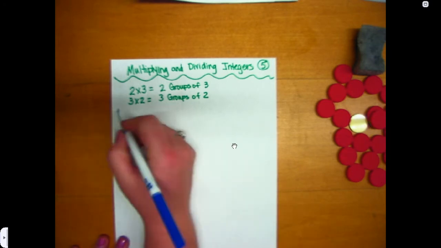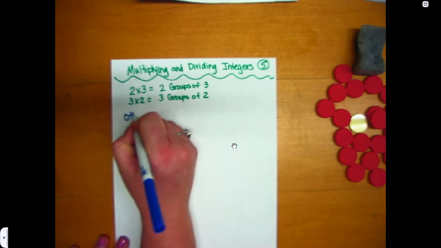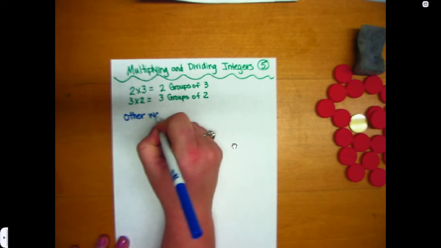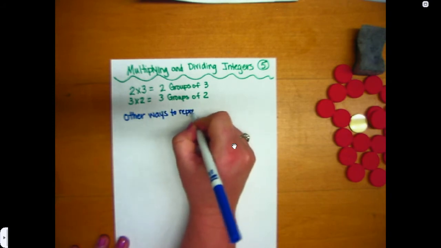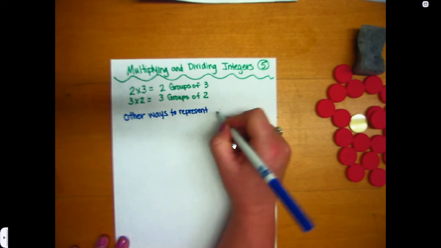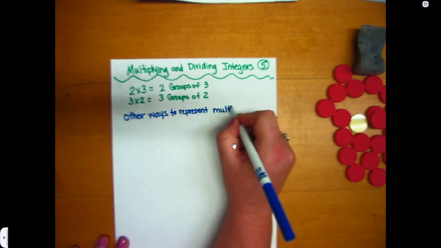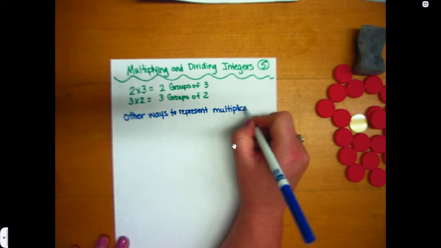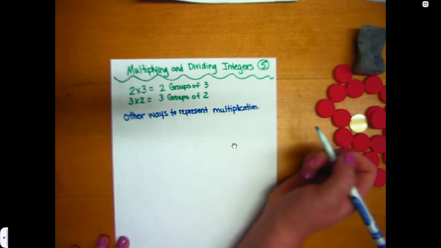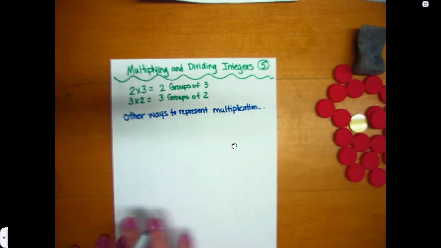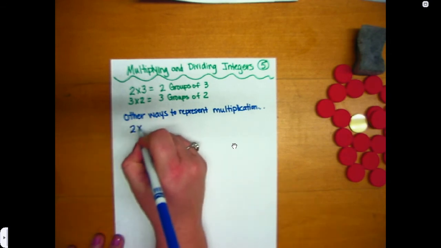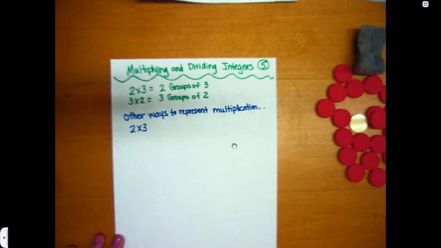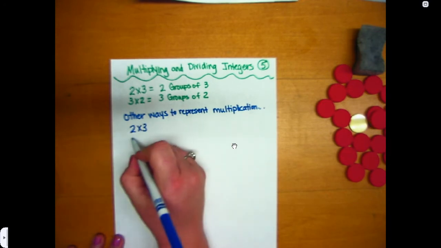So another way, let's write other ways to represent multiplication. So those other ways, we can represent it with an X. We can represent it with a dot.